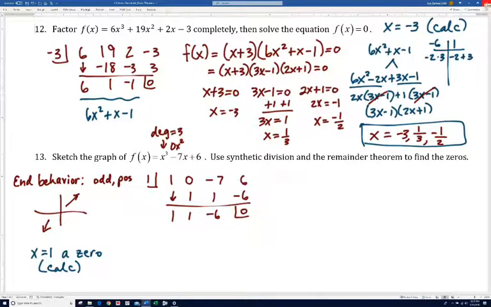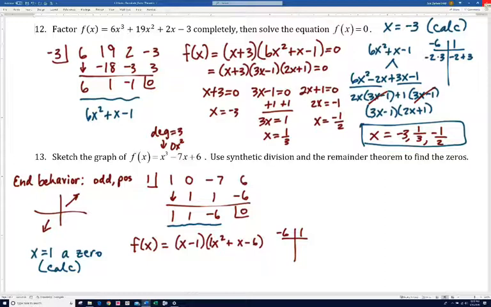All right, so now we can write f of x as x minus 1, which is what we were dividing by, times the answer we just got here, x squared plus x minus 6. Now again, remember, this should always be your constant. So then again, I'm hoping I can factor this. I need two numbers that multiply to -6 and add to 1.